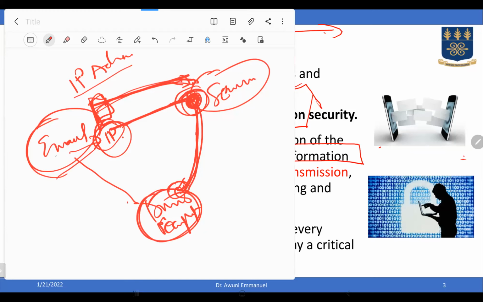Because if you send an email, an NLP system, a natural language processing system, has been developed in a way that it classifies the data that comes in. So we have classification, let's say X and Y. What it means is that X here is spam, and this one is not spam.